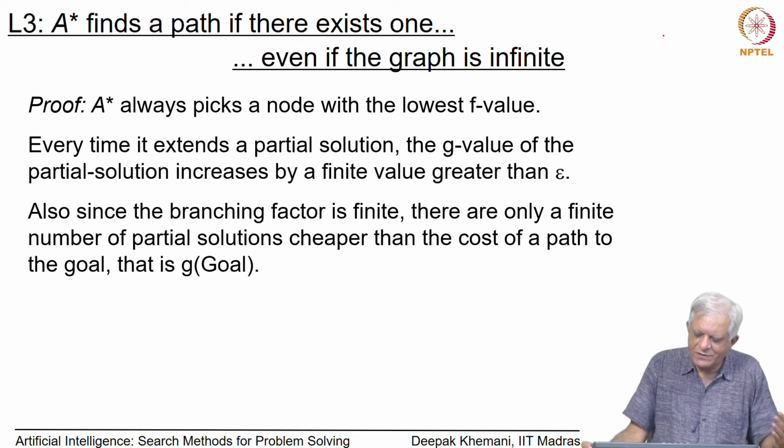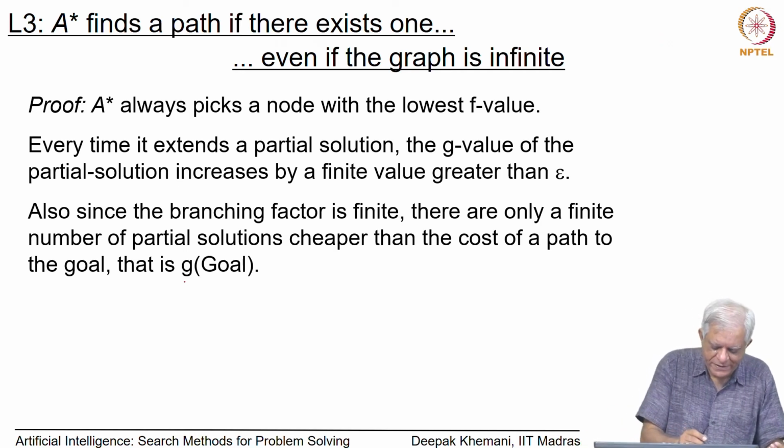So, even if you are doing the original branch and bound algorithm which kept multiple copies of nodes and found different ways of reaching those nodes, the number of paths would still be finite. Why finite? Because the branching factor is finite, and because edge costs have a lower bound of epsilon. So, you will only have a finite number of partial paths which are of cost less than g of goal.